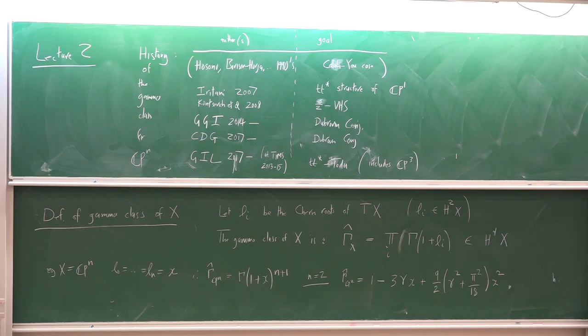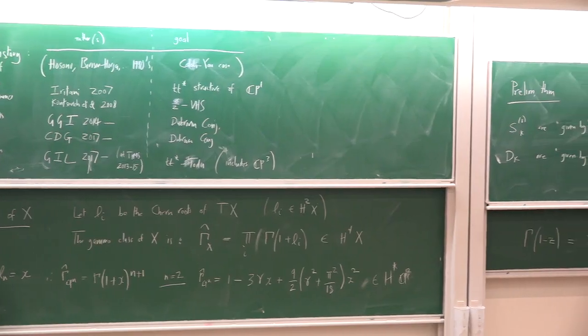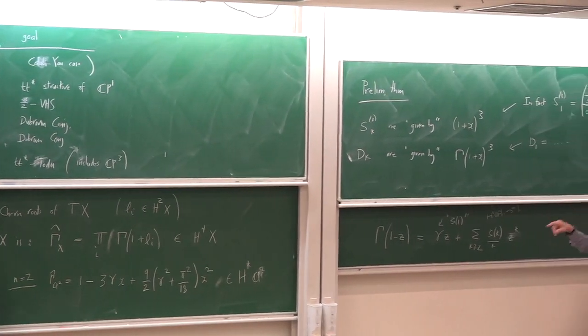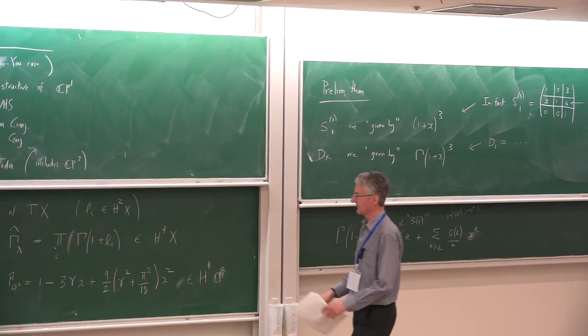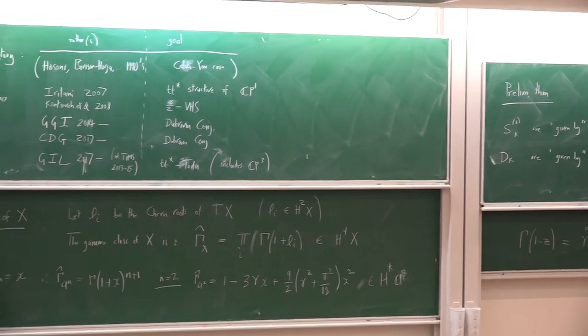So it's just a cohomology class. X is a generator of the cohomology of CP2, right? Well, zeta 2, the Riemann zeta function value, is pi squared over 6. So that's where this comes from. So that's what we are talking about.